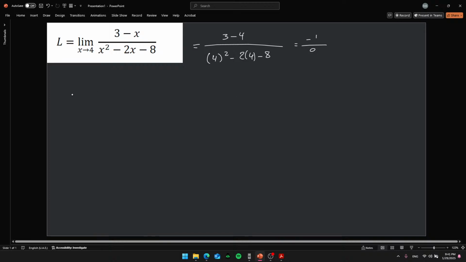Now we should check from the left and the right. So limit as x approaches 4 from the right of 3 minus x over x squared minus 2x minus 8. And from the left, 3 minus x over x squared minus 2x minus 8.